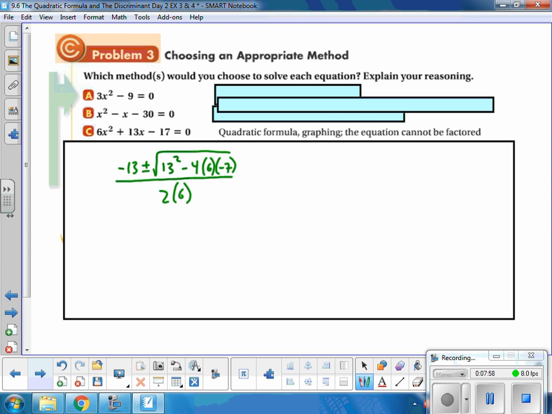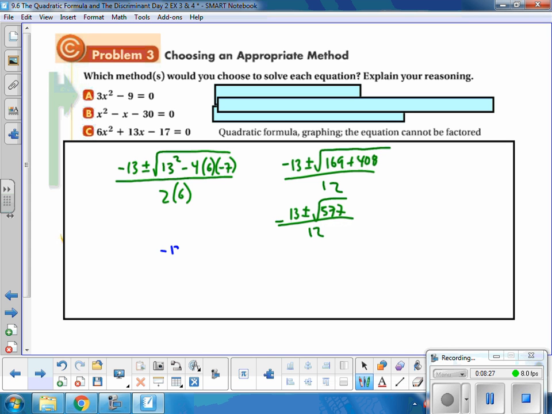I simplify that and I have negative 13 plus or minus the square root of 169 plus 408, all over 12. And I want to simplify that out. I end up with negative 13 plus or minus the square root of 577 over 12. So that gives me my two equations that I'm working with.